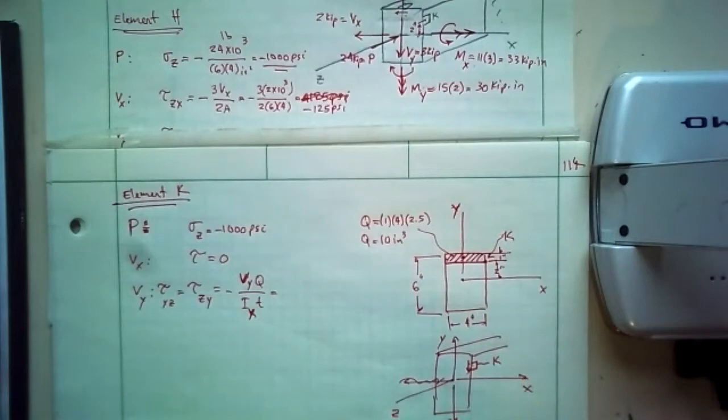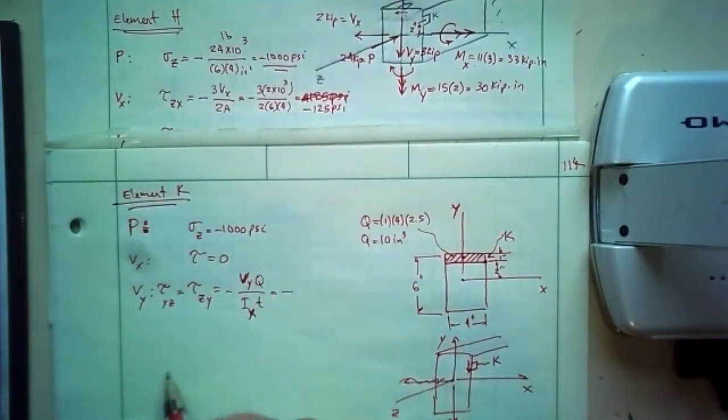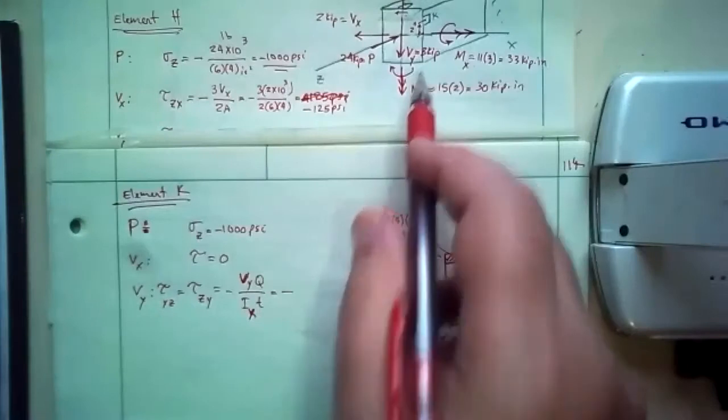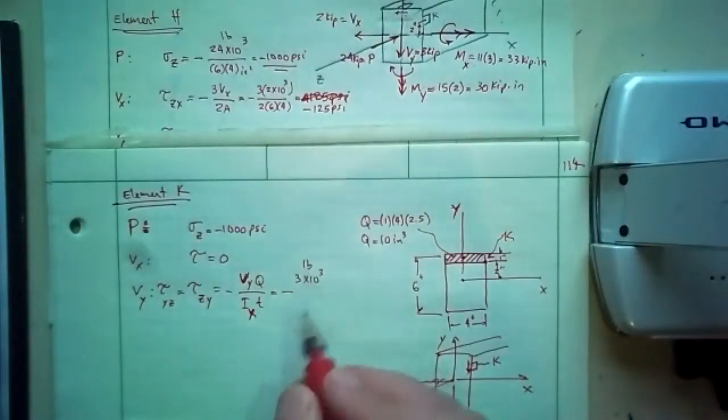So let's put the stuff in here. Minus defines the direction in a negative y direction. Vy was what? 3 kip, 3 times 10 to the 3 pounds.